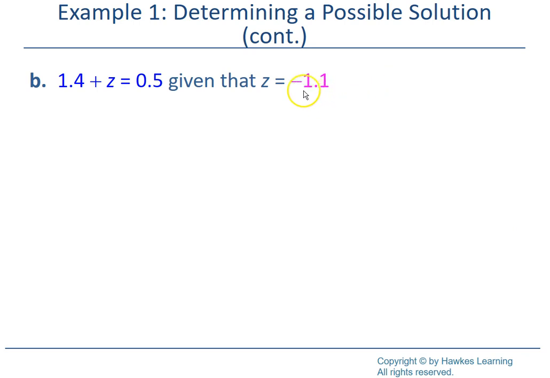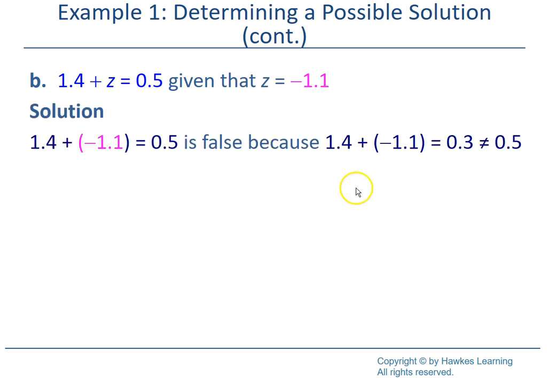How about this? Well, for z, we substitute a -1.1. When we do it, we realize we get a 0.3 on one side and a 0.5 on the other. So this is not true, and -1.1 is not a solution for this equation. We're just doing what they call substitution here.